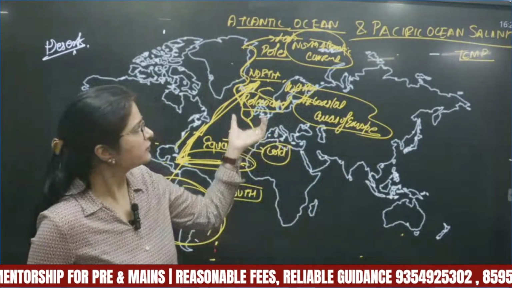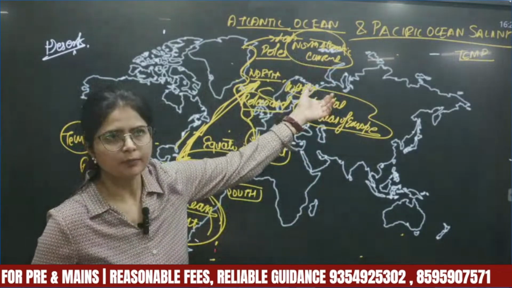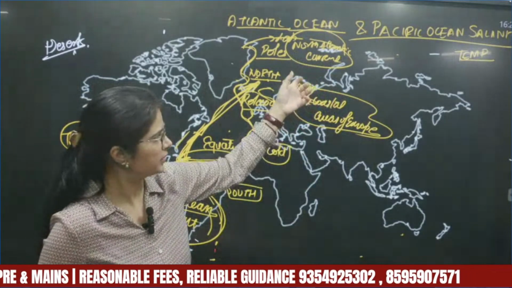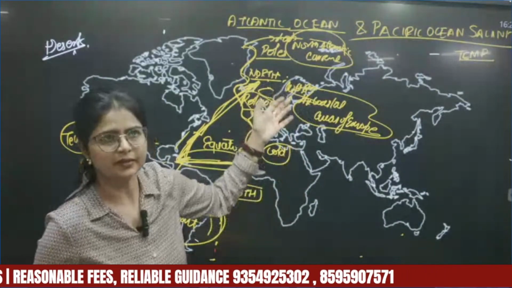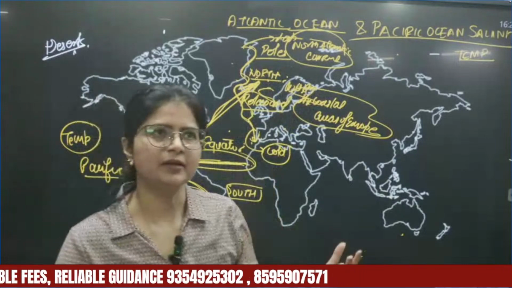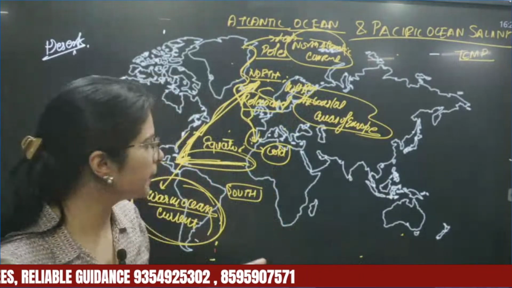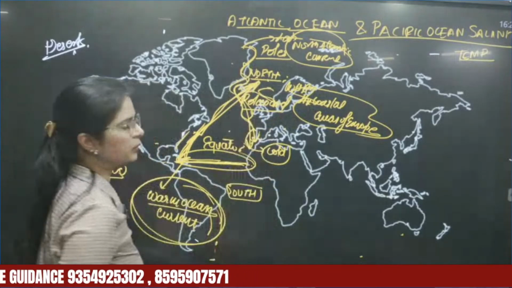Right now, what are we talking about? Warm. So the warm ocean current which is going poleward, what will happen? It will increase the temperature of the area, and there could be melting of the ice over there. Okay? And here in the north side, it will come down.